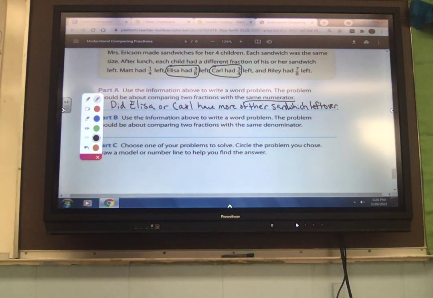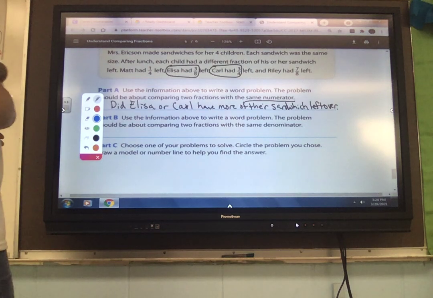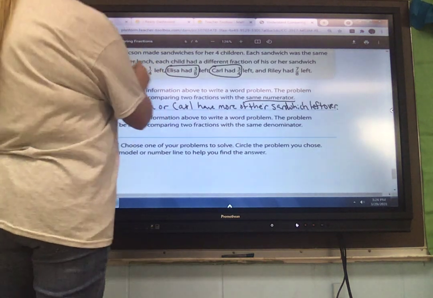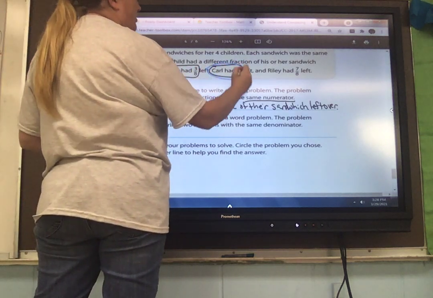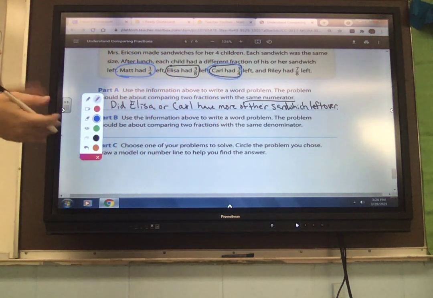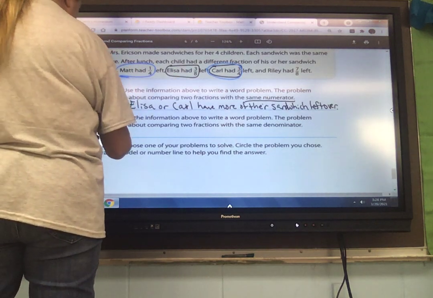Part B, use the information above to write a word problem. The problem should be about comparing 2 fractions with the same denominator. So this time I need the same denominator. So we could use Matt has a 4 and Carl has a 4, right? Same denominator. So instead of more, let's ask less.